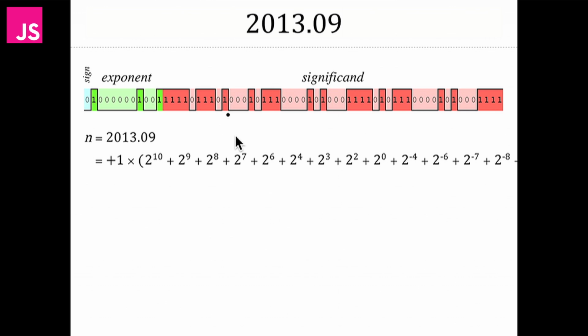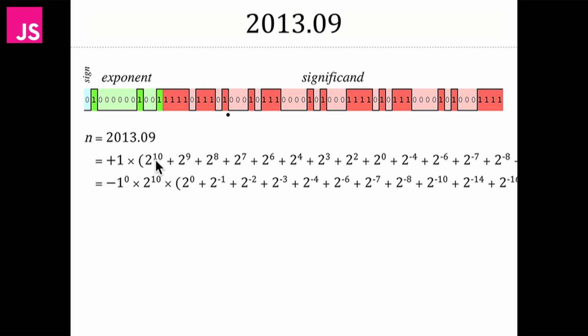But as I told you at the very beginning, we can treat the exponent as kind of a multiplier. So if we take it out of this parenthesis and treat it as a multiplier, we start to compute the significand value always starting with 2 to the power of 0. It's the value given by this hidden bit.